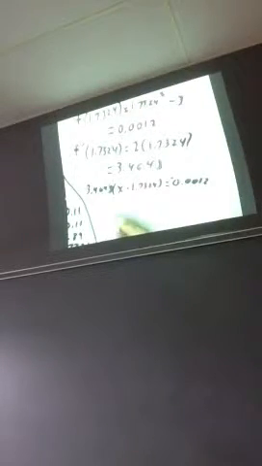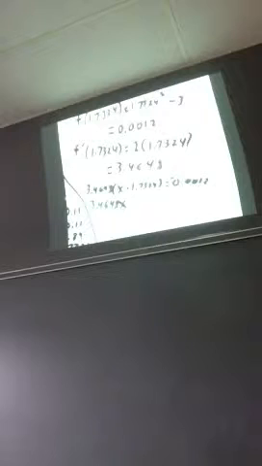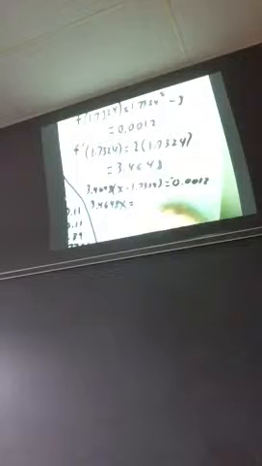All right, so I got 3.4648 times x and then this is minus 3.4648 times 1.7324, which is 6.0024.